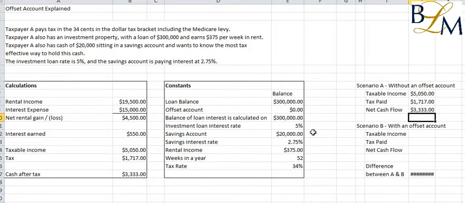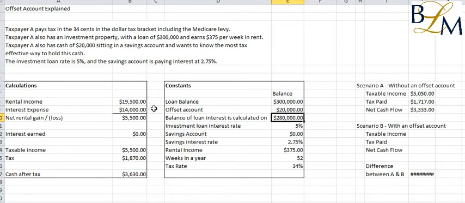So let's move to scenario B. Let's shift that cash from their savings account into an offset account, whereby reducing the balance on which the interest is calculated. So the savings account is now going to be 0, and the offset account is going to have $20,000 in it. So how does that affect the situation? Net rental income stays the same.